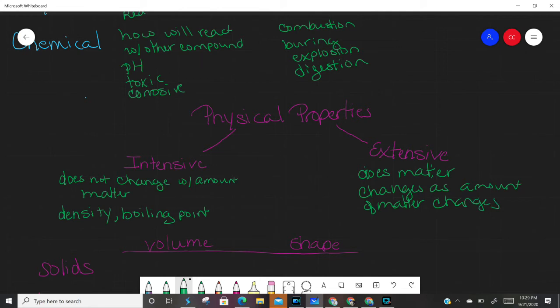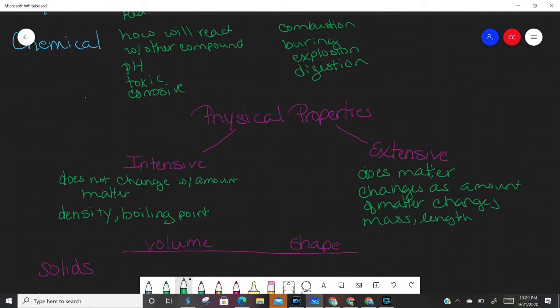So mass, like we were talking about with the feathers. If I take away half, my mass is going to change. If I take a piece of paper and I rip it in half, then the length is going to change. However, it's still white, so the color is still the same.